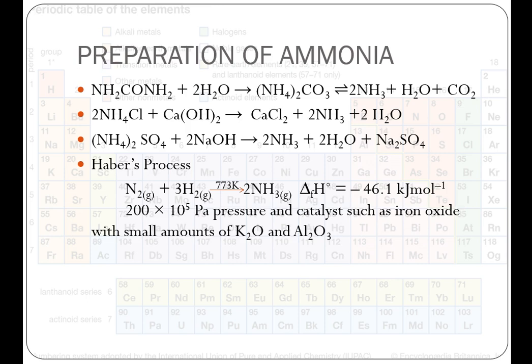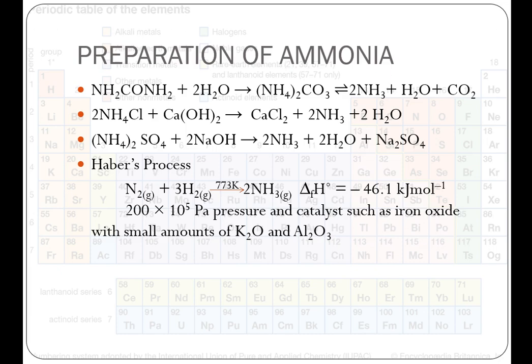Urea with water forms ammonium carbonate, which gives ammonia along with water and carbon dioxide. On a small scale, ammonia is obtained from ammonium salts. Ammonium chloride on reaction with lime water gives us ammonia. Similarly, ammonium sulfate on reaction with NaOH also gives us ammonia.